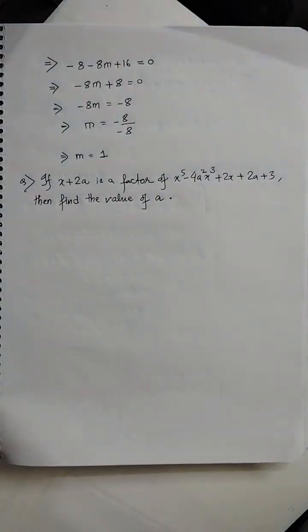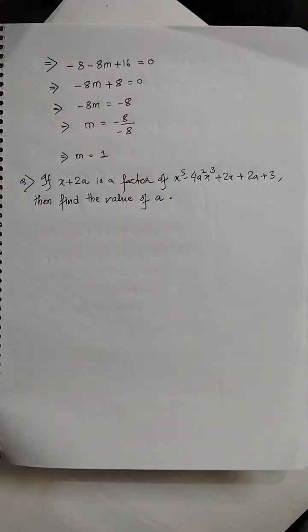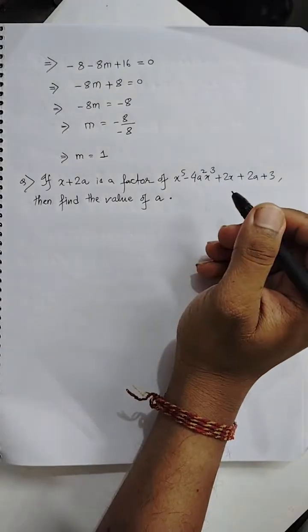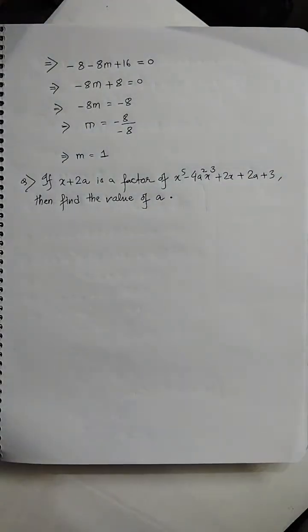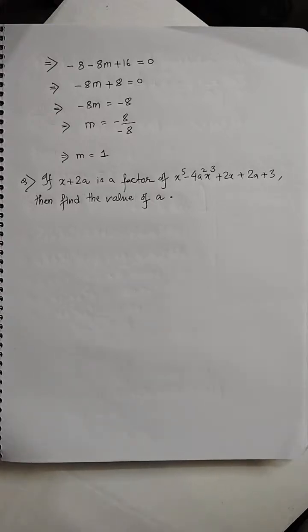So the question is similar to the previous one. Only thing is the polynomial is a polynomial with degree 5, no? So if x plus 2a is a factor of x to the power 5 minus 4a square x cube plus 2x plus 2a plus 3, then find the value of a.